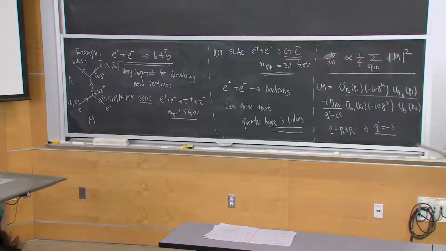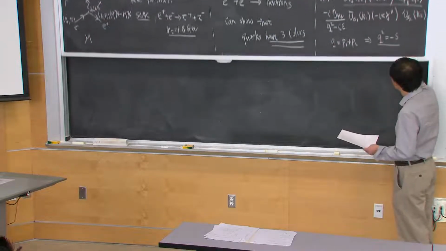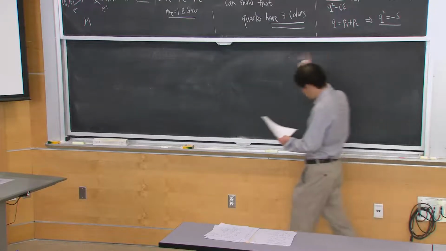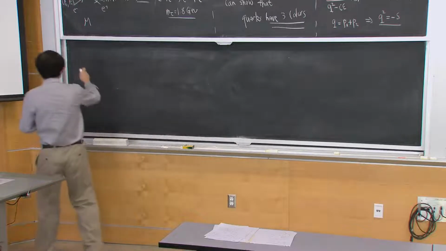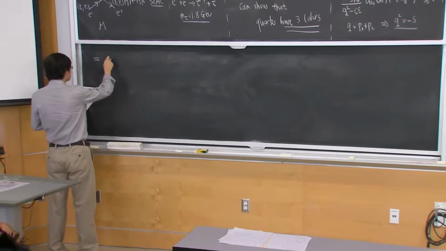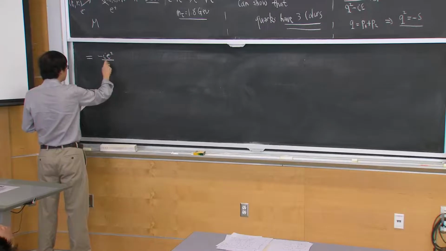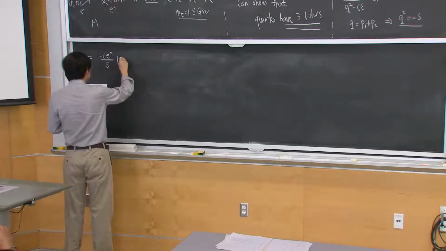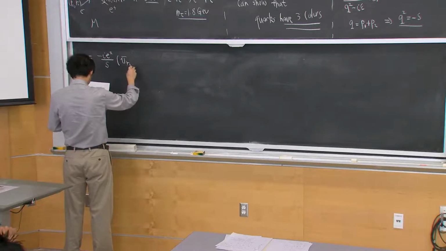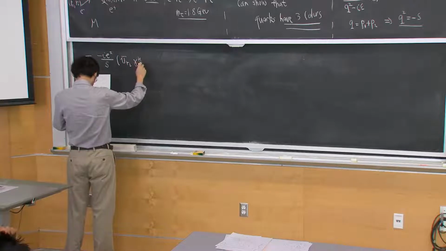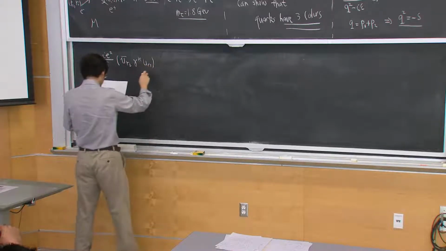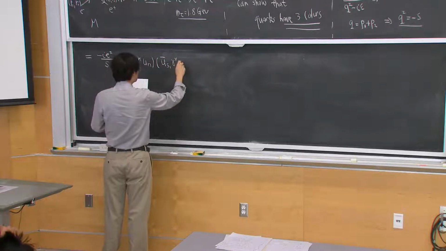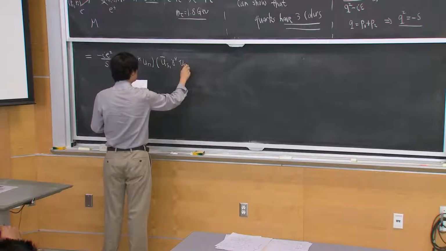Now we can write this amplitude using a shorthand notation. If I forget all this momentum dependence, this is equal to minus i e squared divided by S. If you cancel all the i's, we have two terms: v bar r2 gamma nu u r1, and u bar s1 gamma nu v s2.